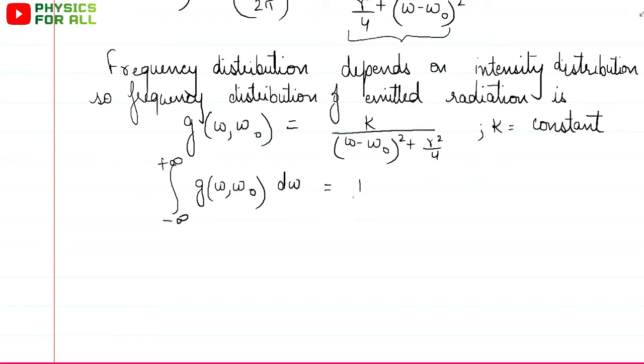This is the probability that if omega naught is the natural angular frequency of the photons being emitted, then omega would be the changed frequency, and all the photons that would be emitted having frequencies in the range omega naught minus d omega to omega naught plus d omega. Everything will lie in between.